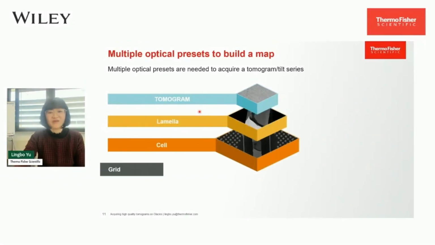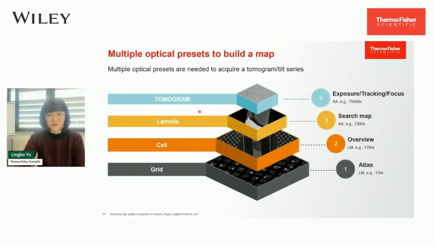Therefore, in our TEM tomography acquisition software, we need to define 4 optic presets to build a map. The 4 presets correspond to the grid atlas, a preset to locate a cell, a preset to define a detailed lamella map, and then the final optics to collect a tomogram.